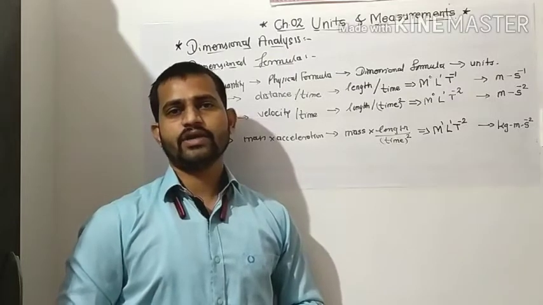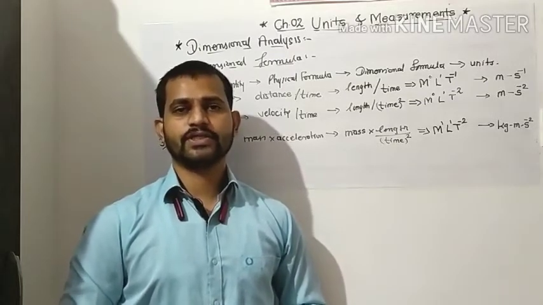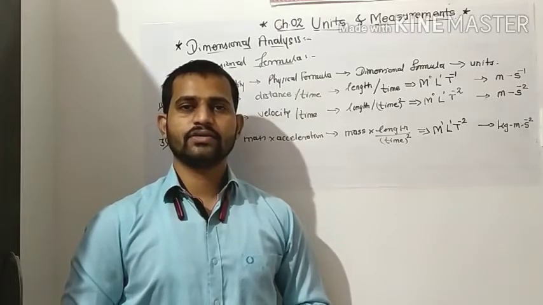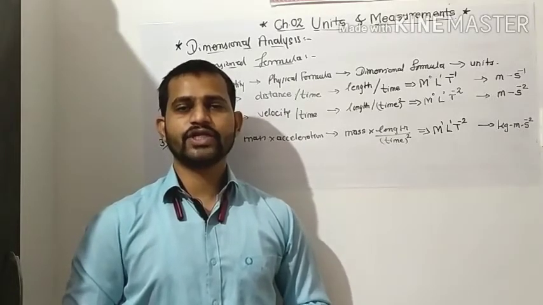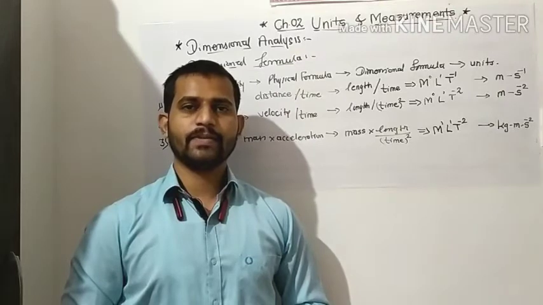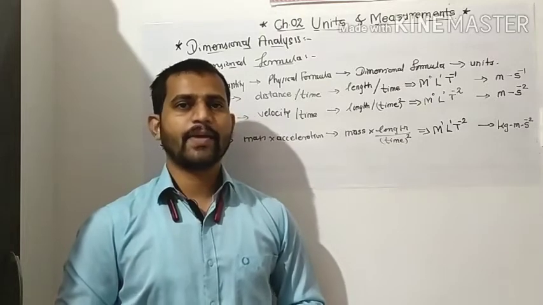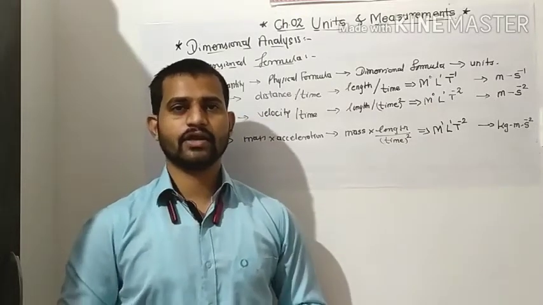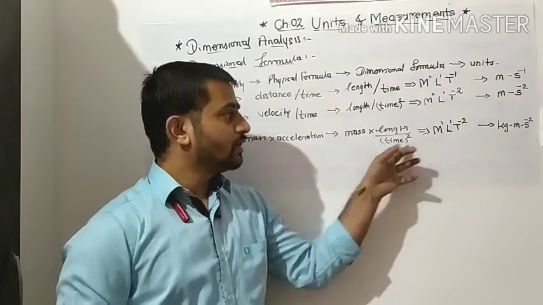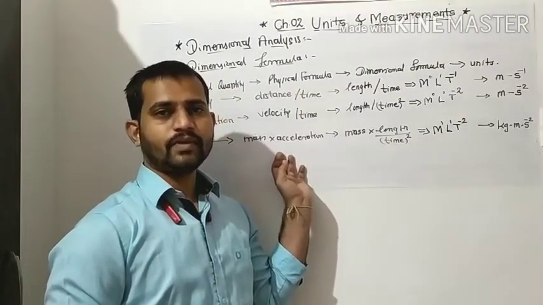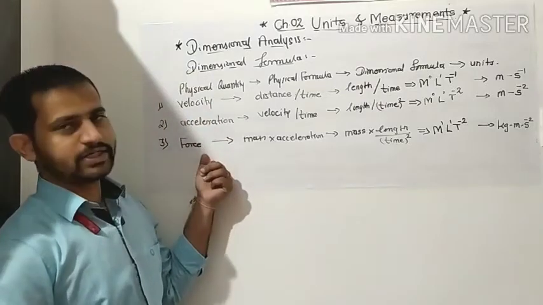The second one is that it can predict on which fundamental quantity that particular physical quantity depends more. By looking at the physical formula, we can't predict that.